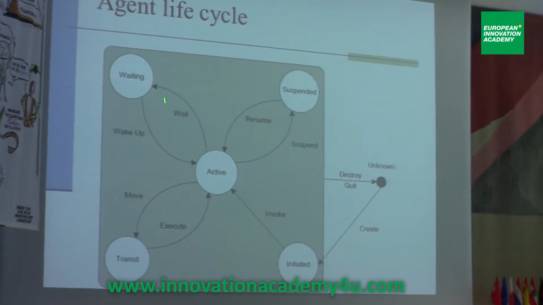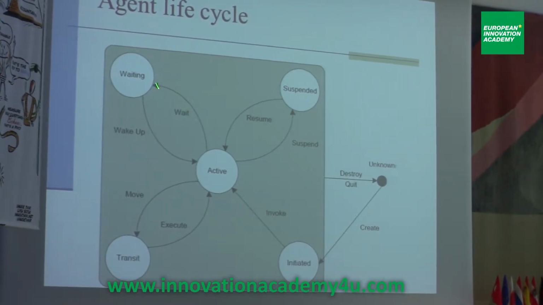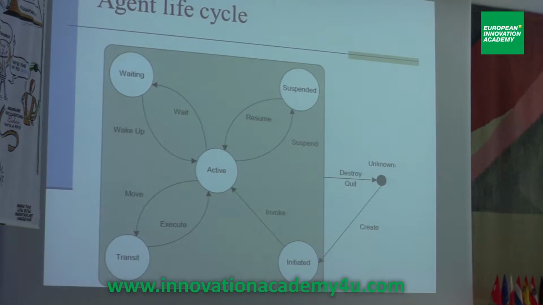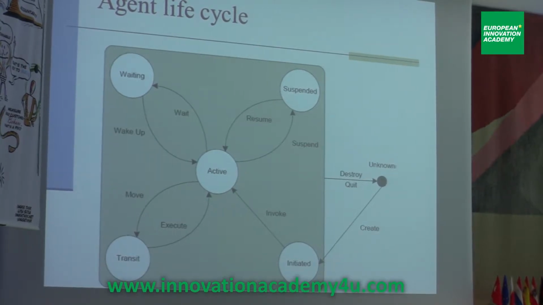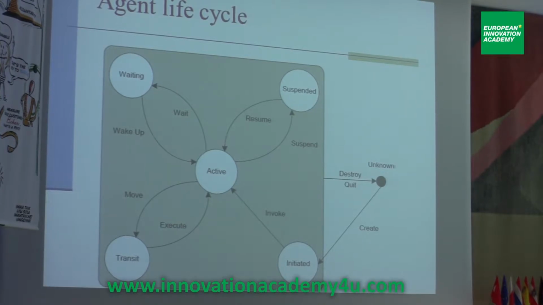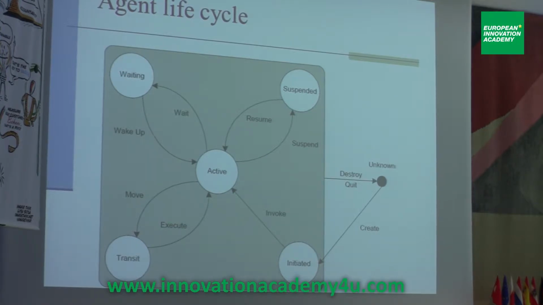What it means is that in the waiting state an agent waits for messages to be received. This is the meaning of the waiting state. An agent just sits there in a passive mode and waits for messages to be received.